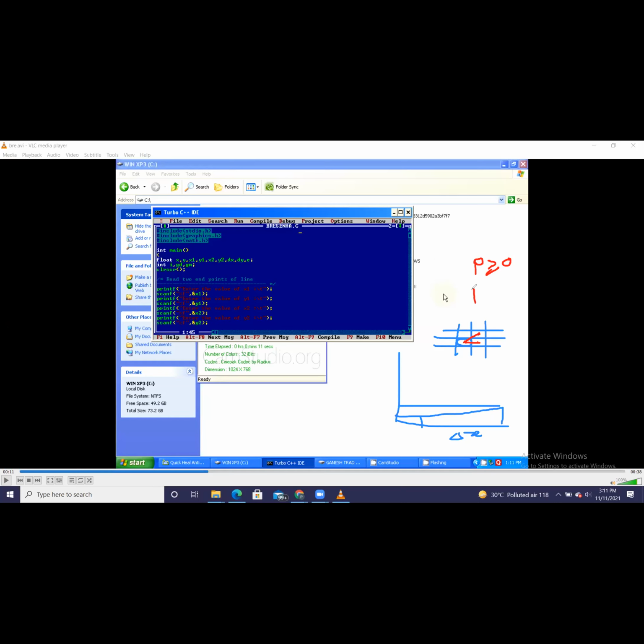If P is greater than or equal to 0, we increment x and y and change P to its next value. So depending upon this P value, we select either x plus 1, y plus 1, or only x plus 1 pixel.